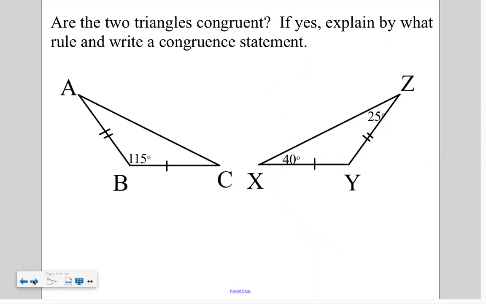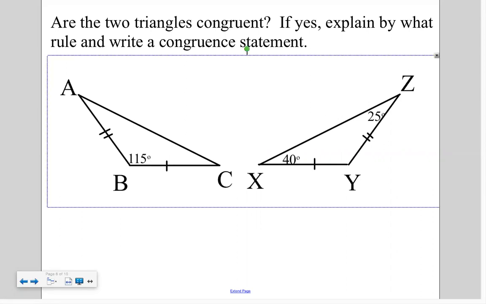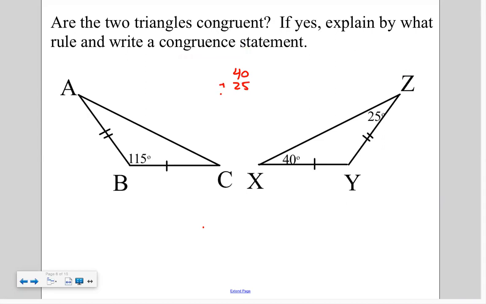Okay, here's another one where you got to use some previous knowledge, do a little bit of work. I see two sides, the single and the double, in both triangles. But, well, this angle is 115. I'm not sure if this one is, but we can figure that out. I'm going to add these two angles. 40 plus 25 gives me 65.